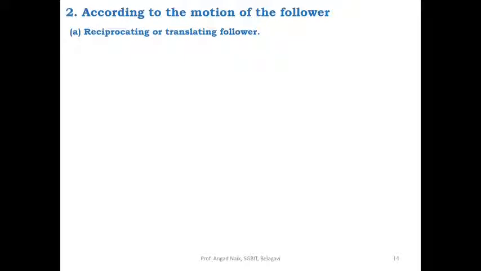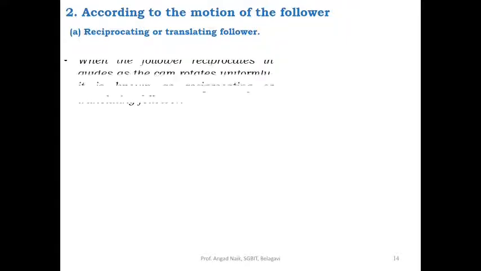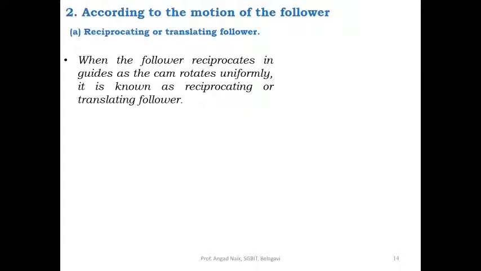Among this, the first one is reciprocating or translating. The name itself says the follower is reciprocating. When the follower reciprocates in guides as the cam rotates uniformly, it is known as reciprocating or translating follower. The animation will look like this.